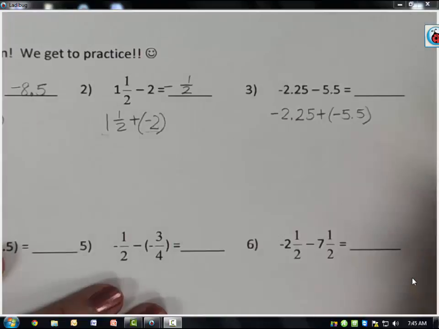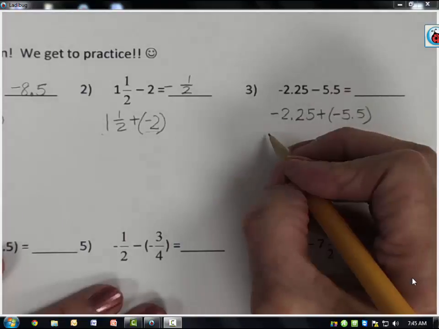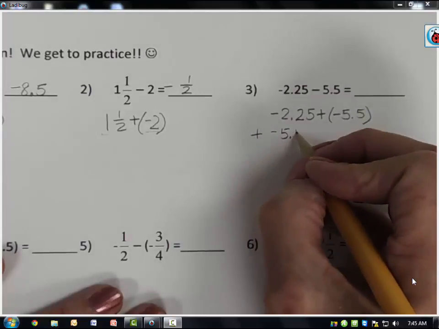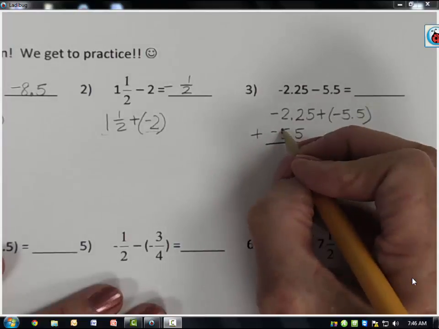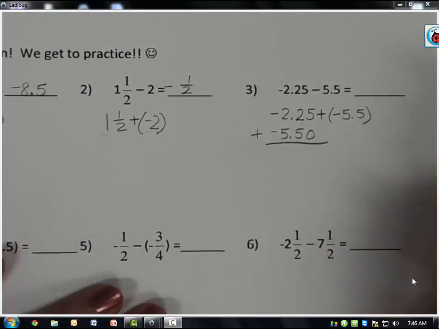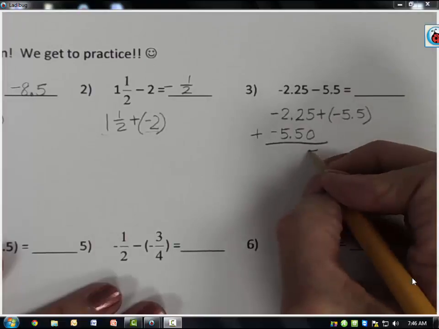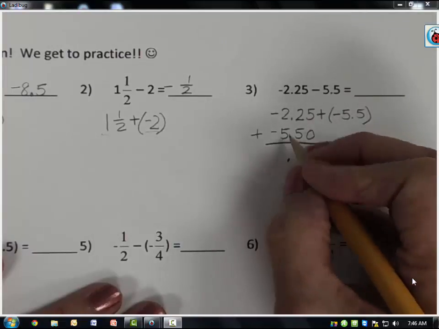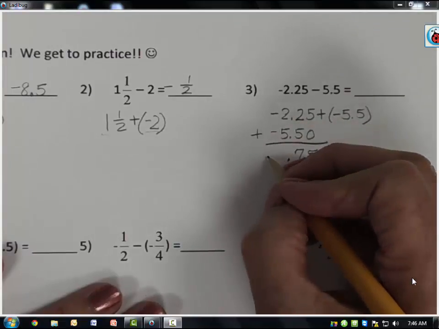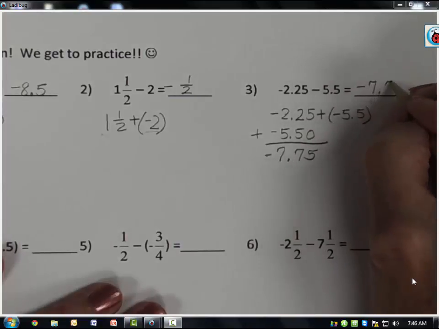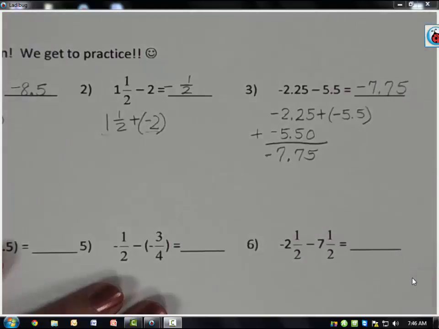So we've got to line up the decimals under here, so we're going to add negative 5 and 5/10. You can always add a 0 in the empty spot to help you keep your column straight. Negative 2 plus negative 5 is negative 7. So remember, we use the same sign. If you're adding two negatives, you get a negative.